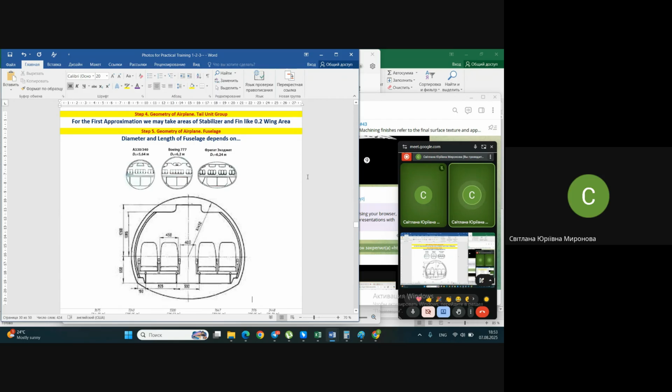Of course, for this it's necessary at least to determine the fuselage length first. It's maybe too difficult for you yet. So I gave you advice: consider that the areas of the stabilizer and fin are around 20% of the wing area, just to simplify your task.